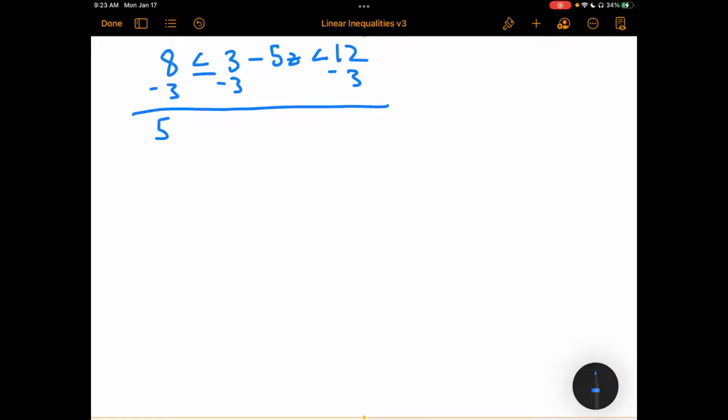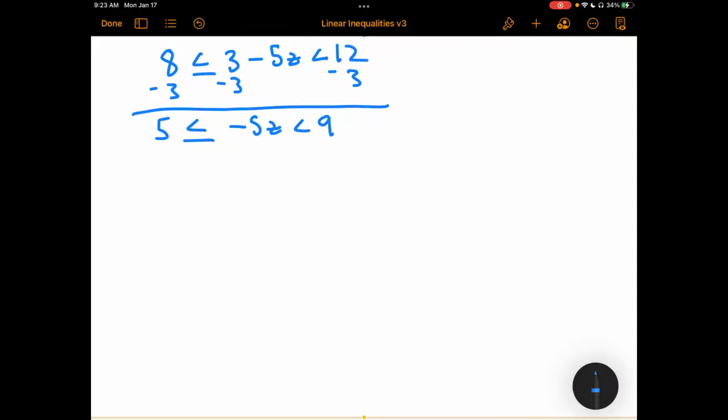So it's going to continue to say less than or equal to. The 3 minus 3 is 0, so we don't do anything there, but we keep our now negative 5z, which is less than 12 minus 3, which gives us 9.